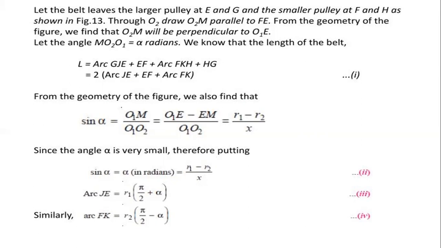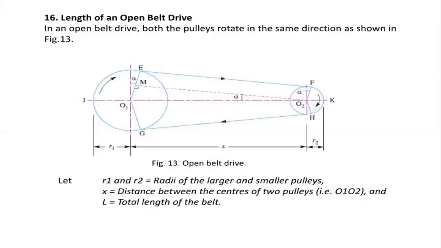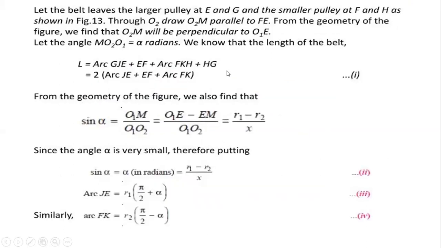Through O2, draw O2M parallel to FE. From the geometry of the figure, we find that O2M is perpendicular to O1E. So the O2M, this dotted line, is perpendicular to O1E. Then we know the length of the belt here.